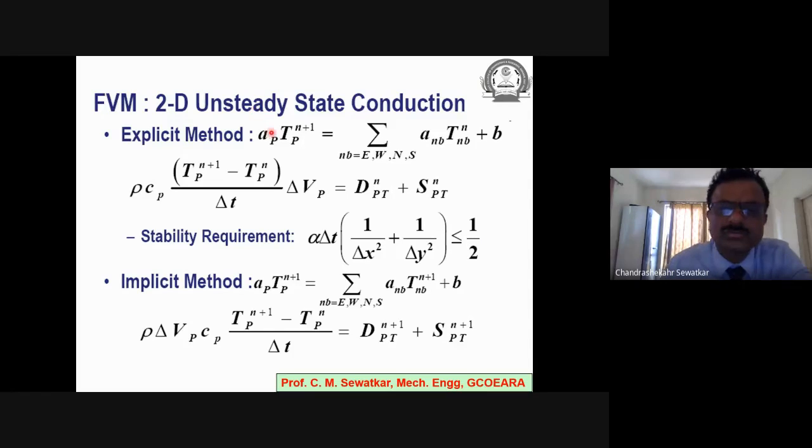Here I have shown you some equations which can be formulated. We can collect all the terms having the multiplier TP at n+1 together, put those terms in one bracket and take TP at n+1 out of the bracket, and then the bracket will represent AP. Similarly, we can do it for T east, T north, T south, T west.